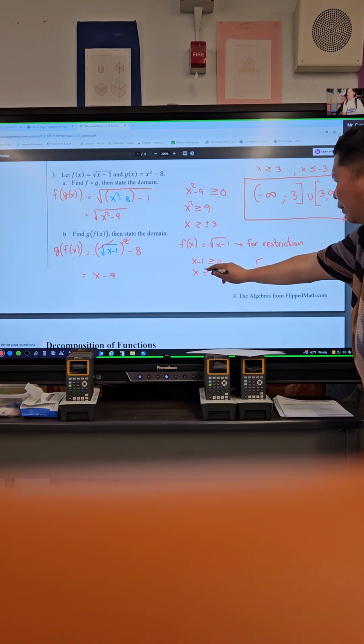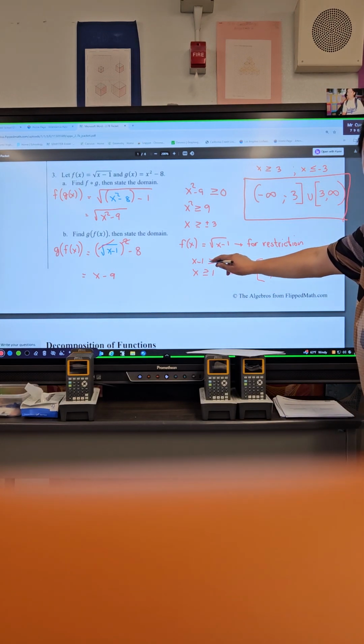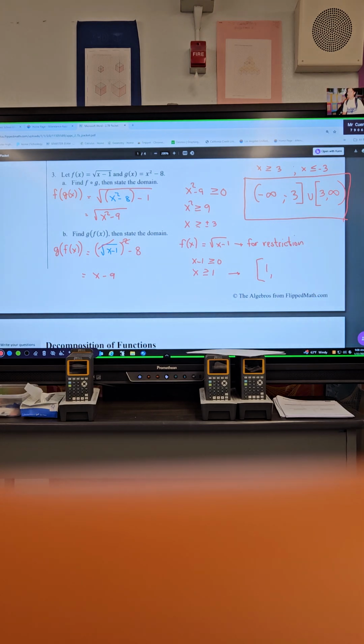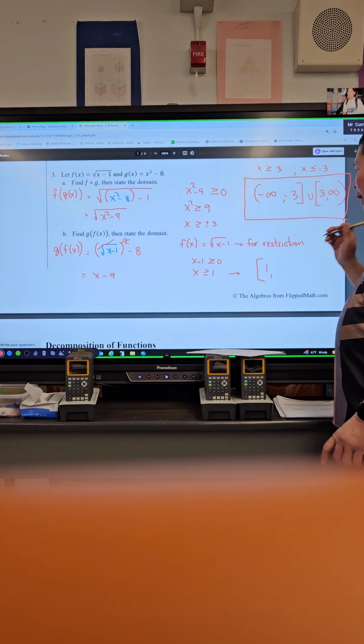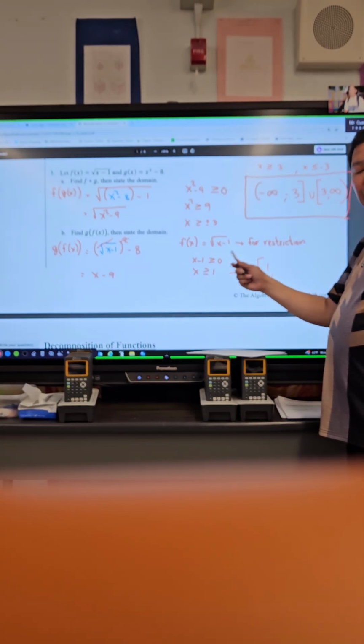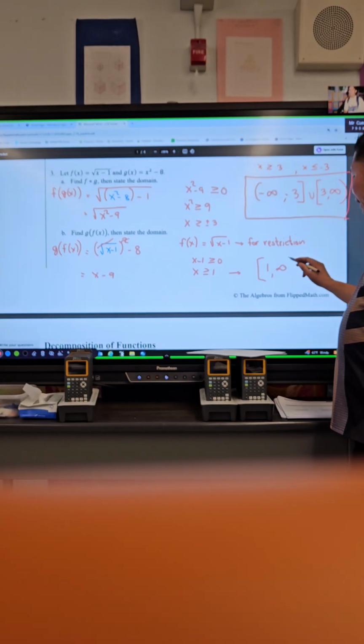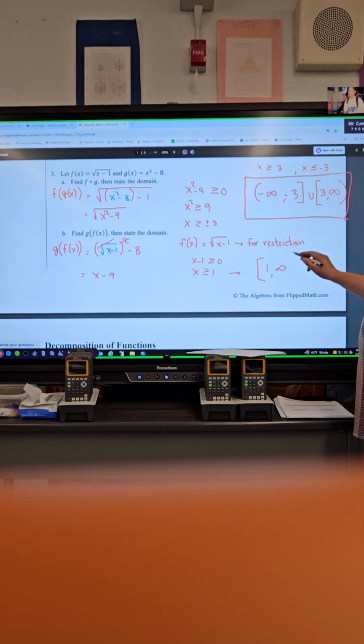And what is the direction? Greater than, that means to the right. Very good. So the right, infinity, right? So 1 to infinity. Since it is infinity, is it open or closed? Open. So what is the symbol for open? Parenthesis. Very good. So this is now the final answer. Okay?